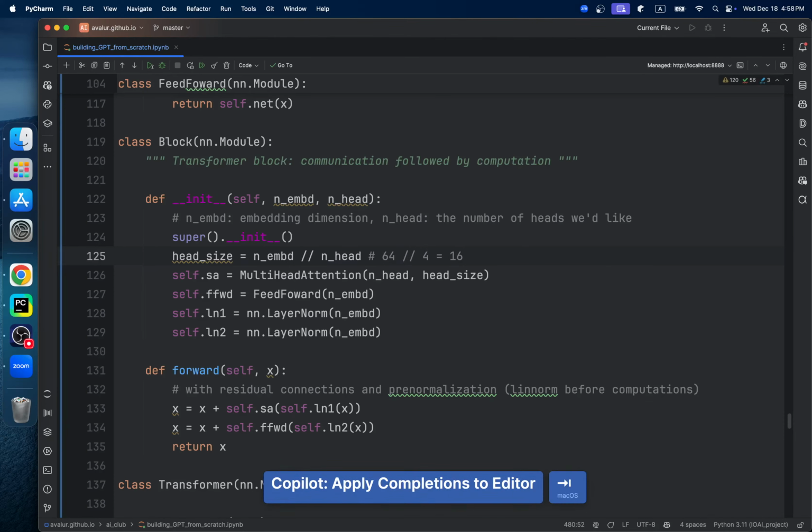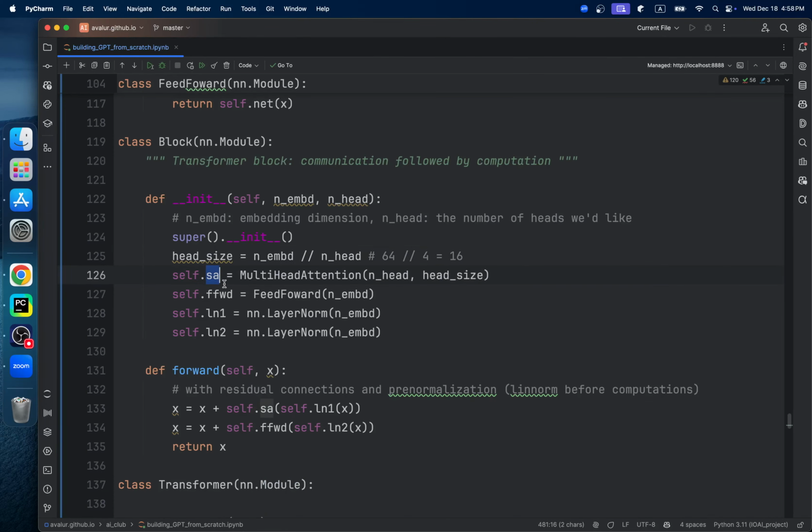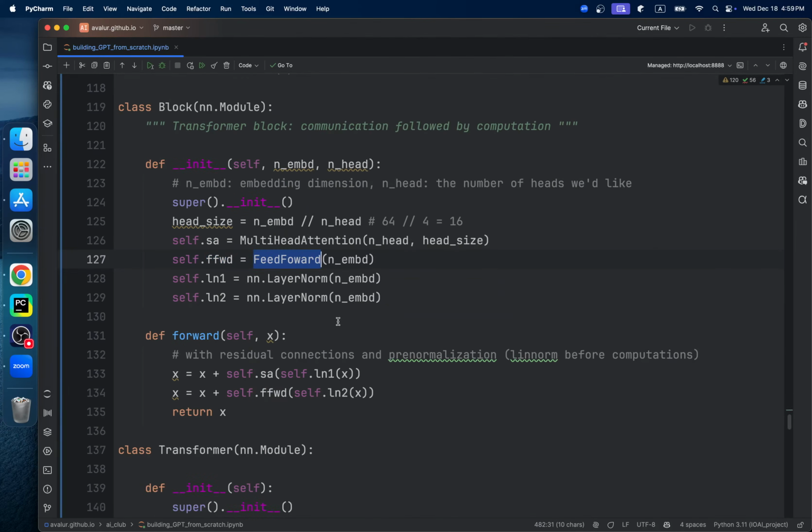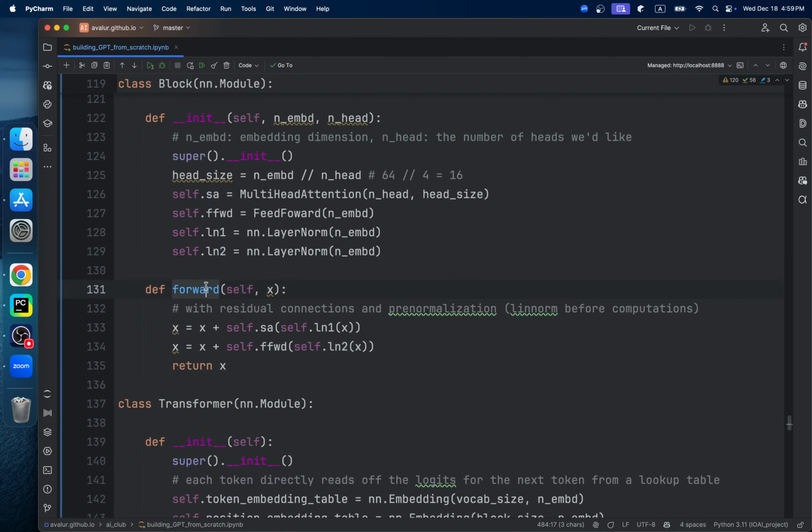Great. And then after self-attention goes the feed-forward layer. So this is the feed-forward block with 2 layers. Then goes layer normalization, the first layer normalization and the second layer normalization. And the forward pass, so the applying of the transformer block to the input, is the same as we've seen on the picture.